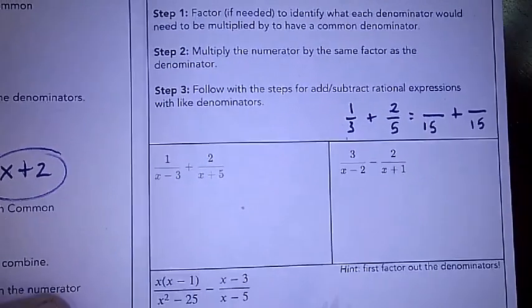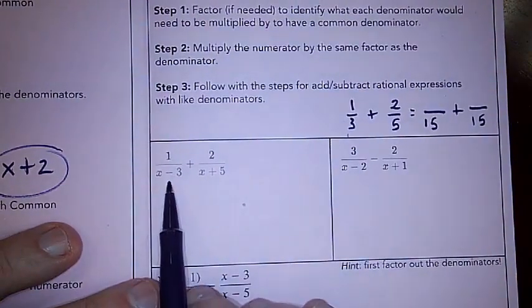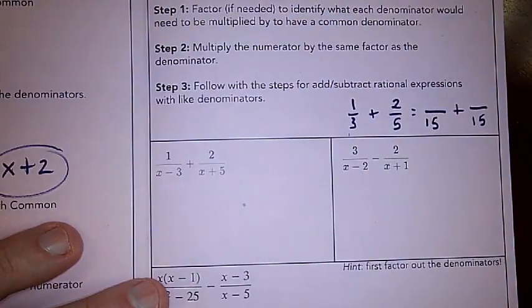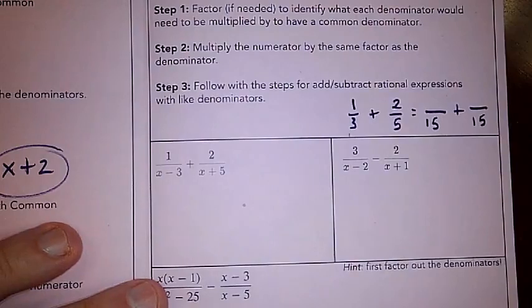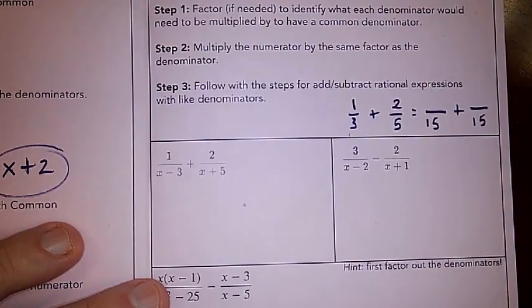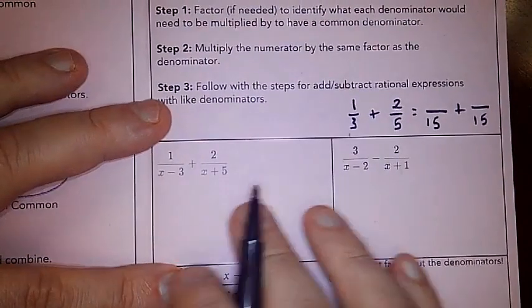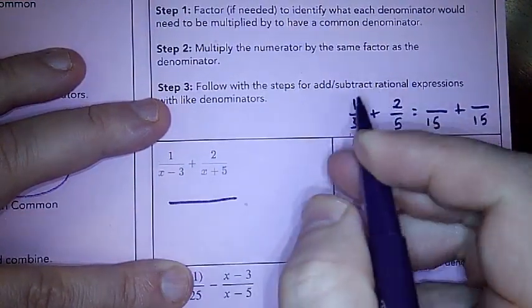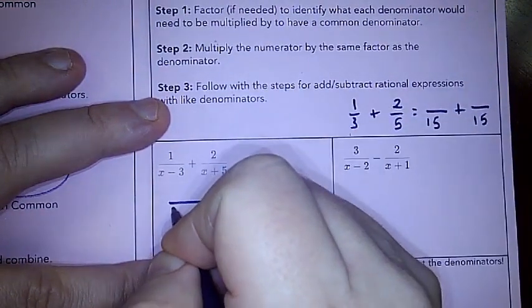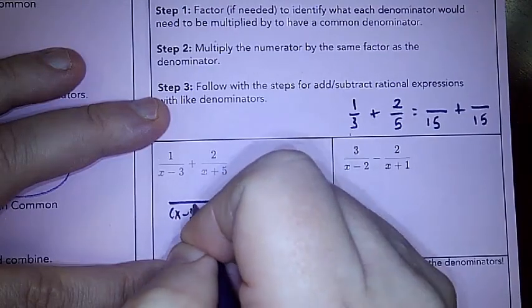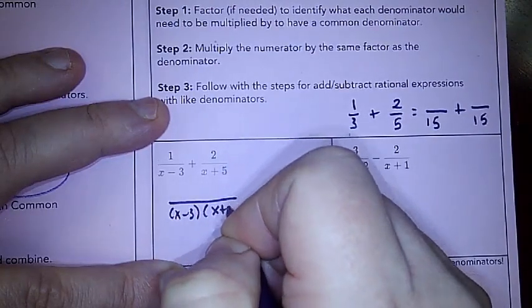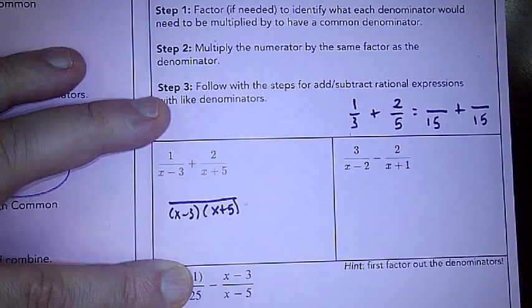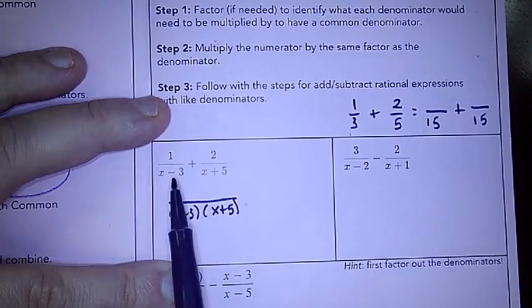In this case, I still have x minus 3 and x plus 5. I'm still going to have to multiply them together in order to get my denominator. So I'm going to say, for my x minus 3, I need to multiply by x plus 5. So I'm multiplying my two denominators together.